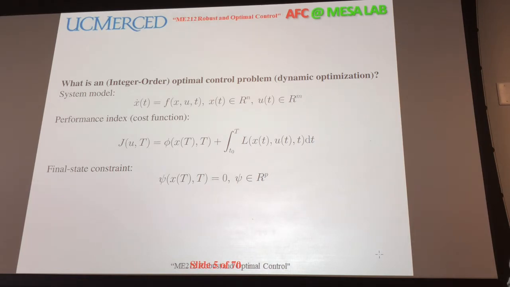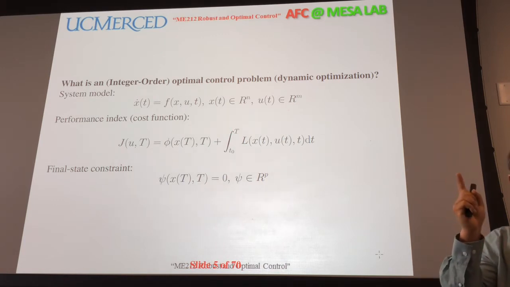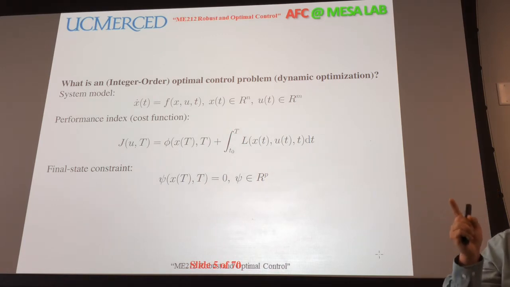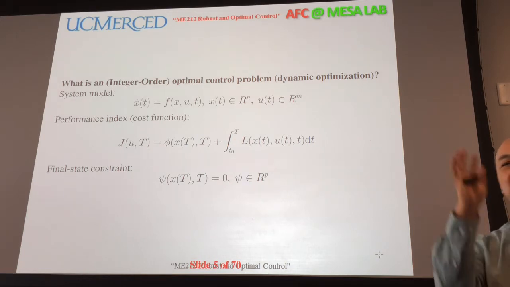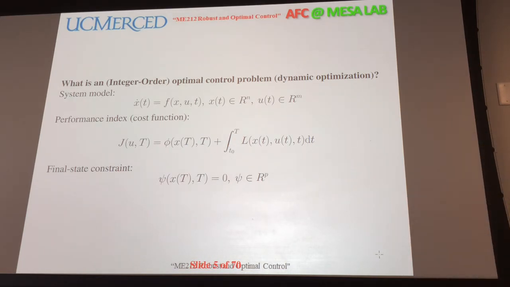Then that's the optimal control. Then capital T, you don't know what this is, but I do know capital T is a function of U. Make sense? Capital T is also a function of U, depending on what thrust you put. We're going to see that. So in this case, it's called the free terminal time case.